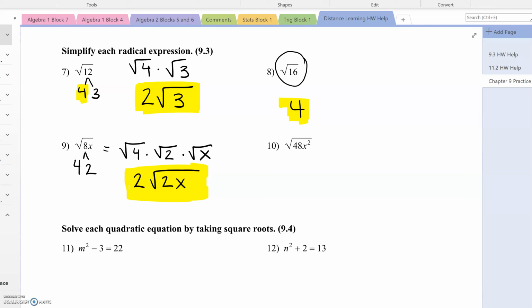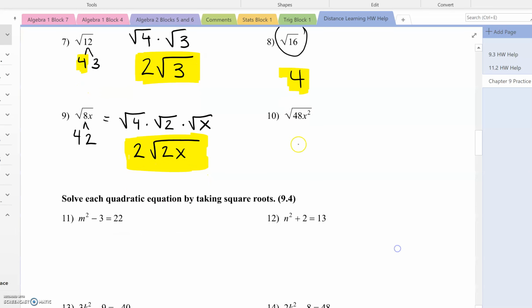And finally, number 10, we have 48x squared. So for this problem, we want to think of any perfect squares inside of 48. So I think 48 can be broken into 16 times 3. And 16 is the biggest perfect square inside of 48.